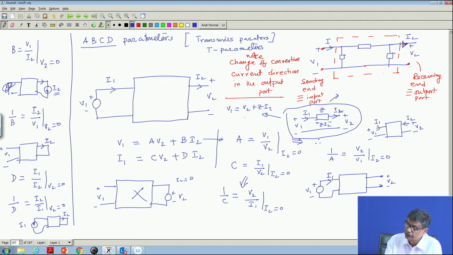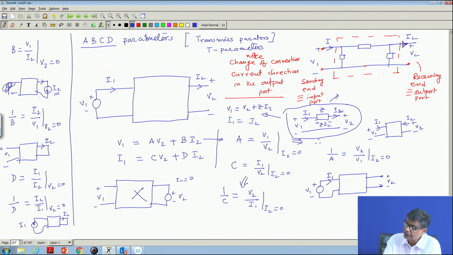V 1 is equal to V 2 plus Z into I 2. One equation is obtained. What is the second equation? I 1 expressed in terms of output voltage and output current. What will be I 1? Same as I 2, nothing else.